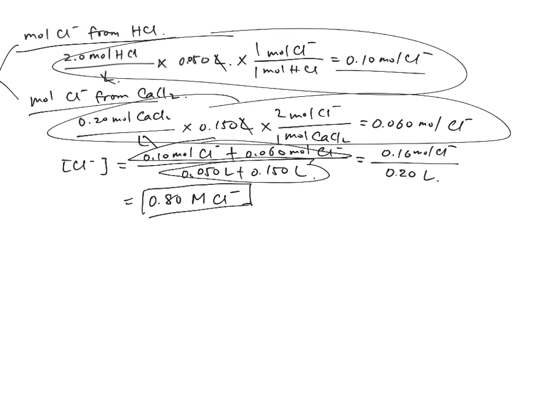And then after you get those numbers, it's just adding all the moles, adding all the liters, and figuring out the final concentration of the common ion. Now, the point of this problem is not just the common ion mixture concentration calculation.